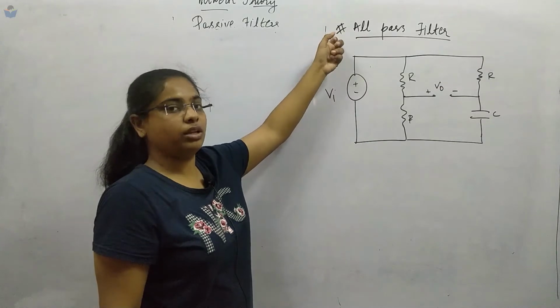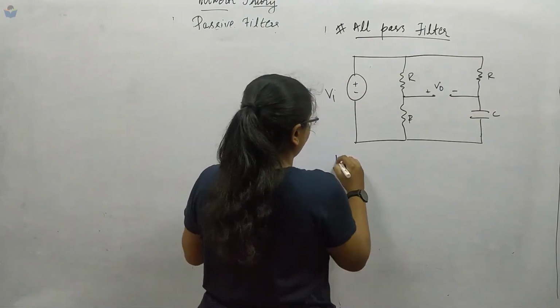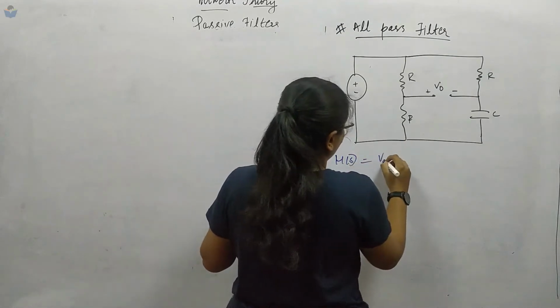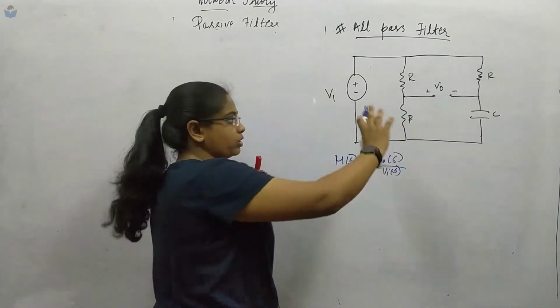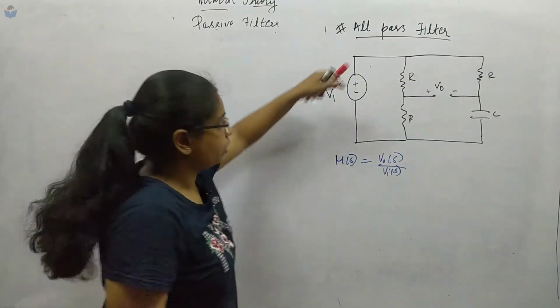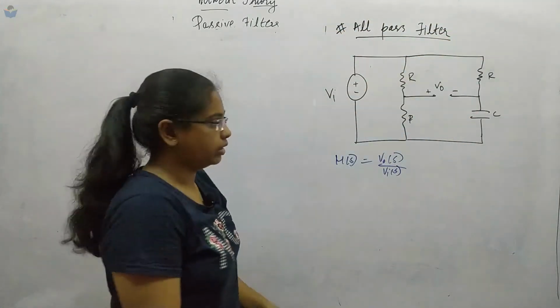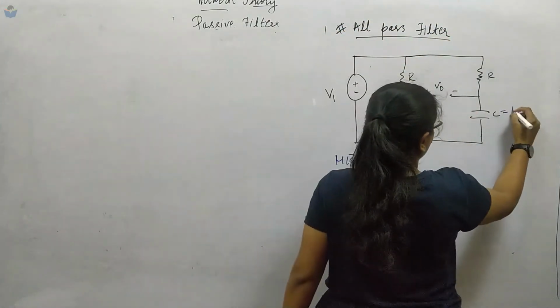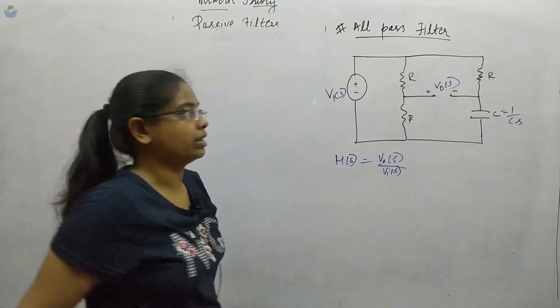It does not depend on the frequency. To begin with, H of S is nothing but V0 of S divided by Vi of S. Now we know this is Vi, it will occur across this branch. The same Vi will be over here as well. Convert this to the Laplace domain, Vi of S.